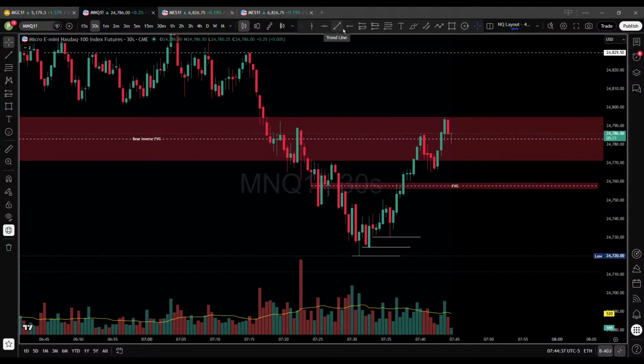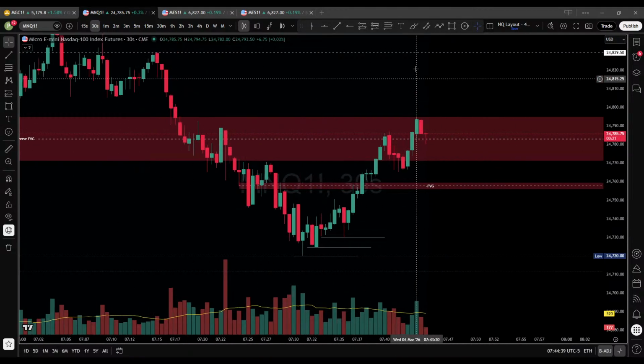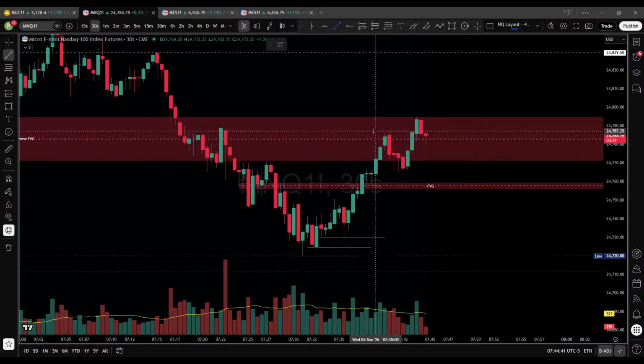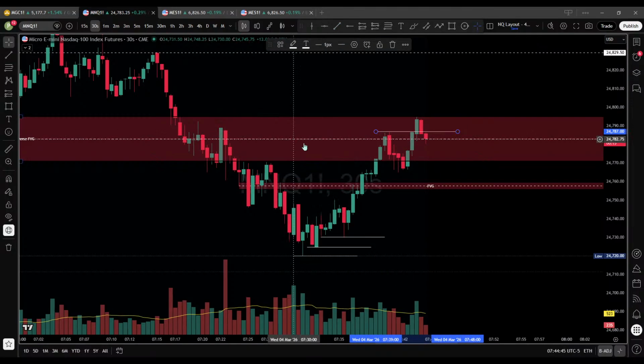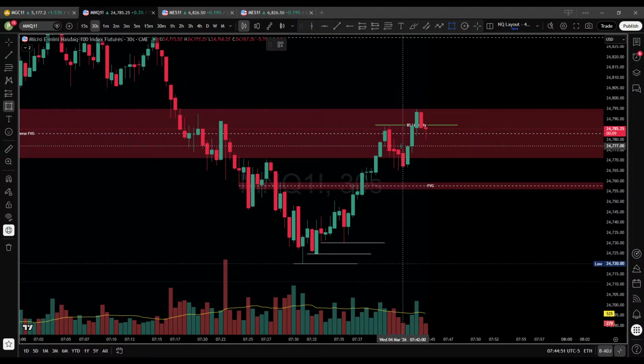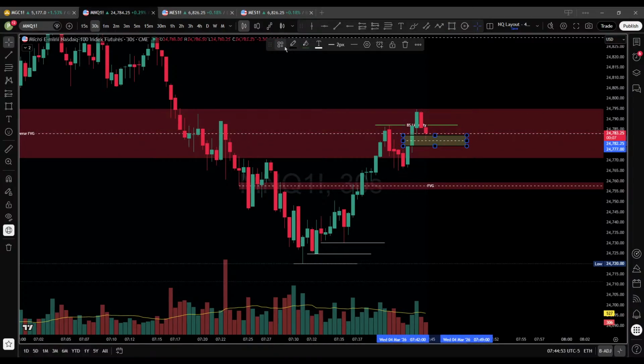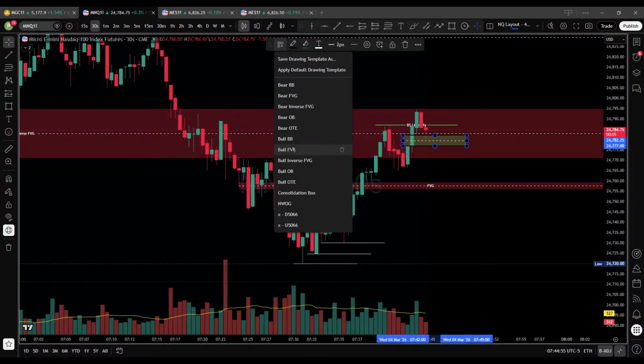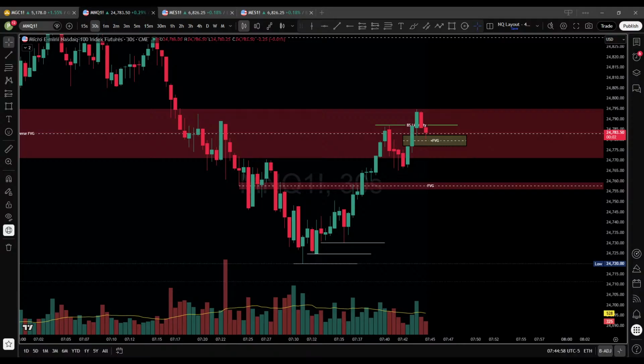Now watch this level. This is on a 30-second time frame. This is a swing high. We also have the swing high, right? Now watch this displacement leg up higher. I'm watching this bullish fair value gap. If this bullish fair value gap turns into a bearish fair value gap, I'm looking for shorts till the London session low.